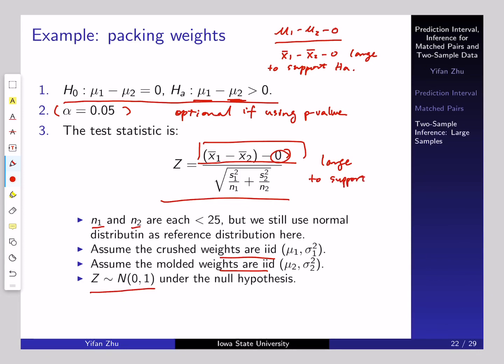That means we should have a large test statistic to support HA. That's why more extreme values for the observed test statistic means a larger value than the observed test statistic. So it is to the right of the observed test statistic.